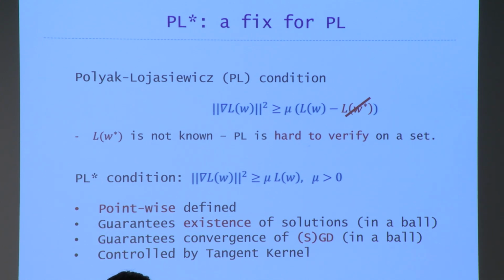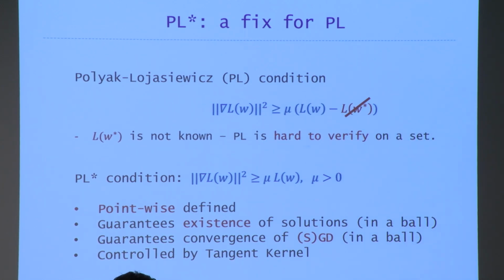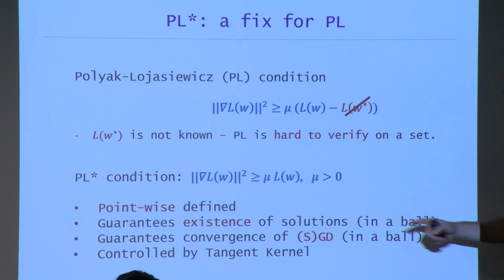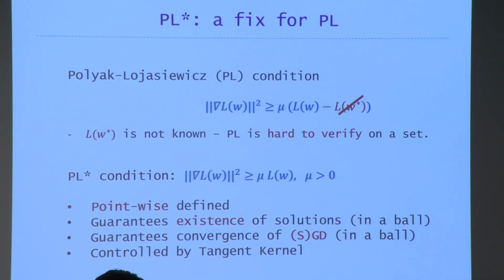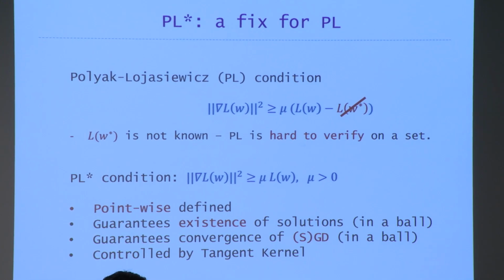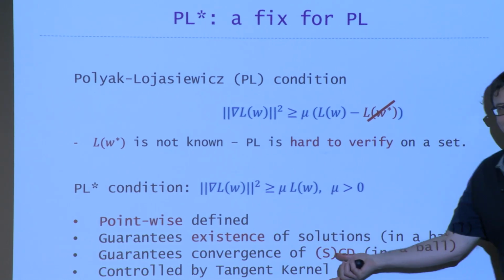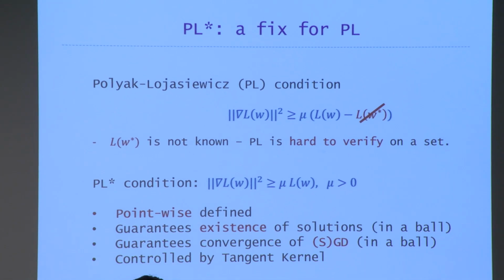In some sense, it's much weaker, because it's a first order condition. It's just the gradient. But in some sense, it also gives you something more, because stochastic gradient descent with fixed learning rate converges. And finally, it's controlled by the tangent kernel, which I'll discuss in a moment. And that gives some sort of analytical control over the properties of this system.